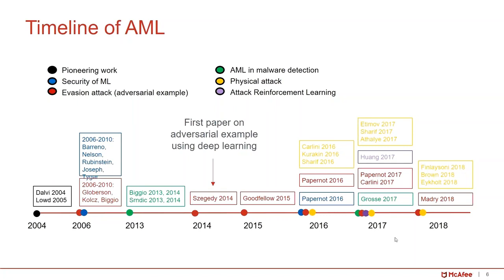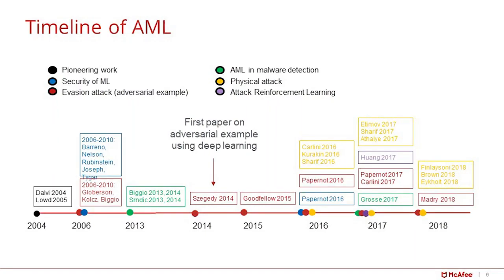After that, in 2014, the first paper on adversary examples using deep learning was published by Szegedy. That paper really brought great attention to identifying the vulnerability of deep learning. After that, Goodfellow's paper, Papernot's paper, and Carlini's attack have been published and attracted a lot of study in this domain.